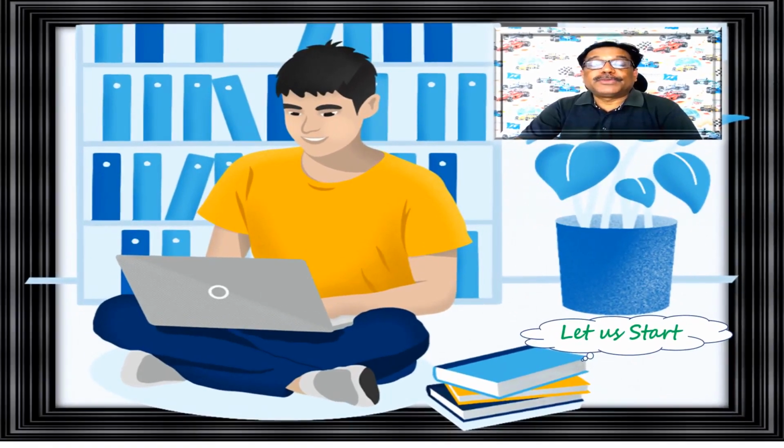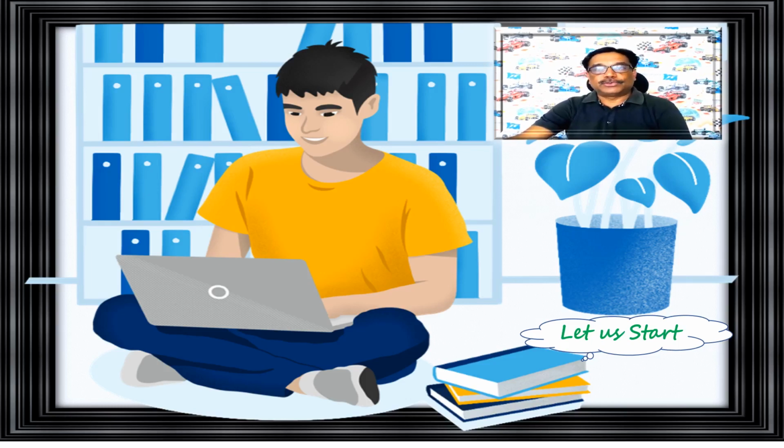Now before we start the subject, let us see which group this paper belongs to, how many marks this paper carries, what the question pattern is, how many marks are asked from the theoretical portion and how many from the numerical portion.